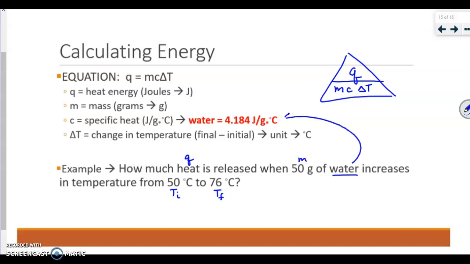So anytime that it says of water, you know that your C value in your equation is 4.184. So I like to do the math for the temperature first to get that out of the way. So I'm going to take TF minus TI first, and I get 26 degrees Celsius. Then I'm going to plug them into my equation. Q equals the mass of 50 times water's known specific heat constant.